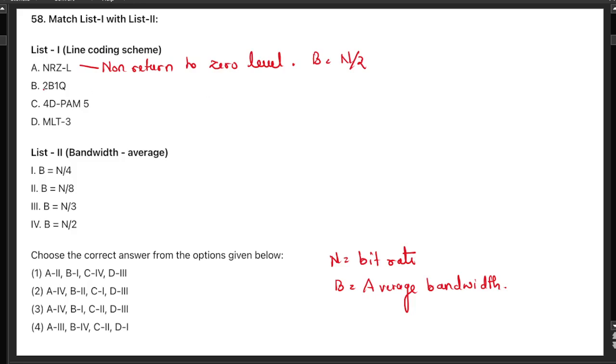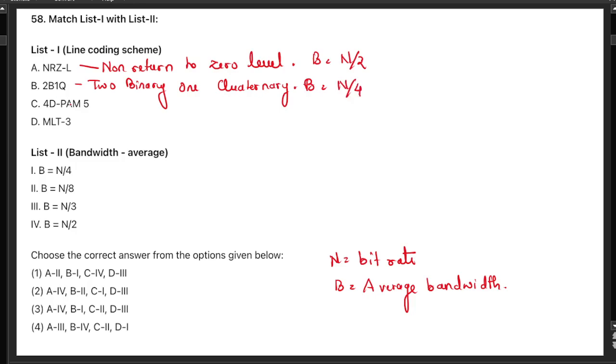Okay, now let's see option B, 2B1Q. So this is 2 binary 1 quaternary, and this scheme comprises the bandwidth of B equals N by 4.